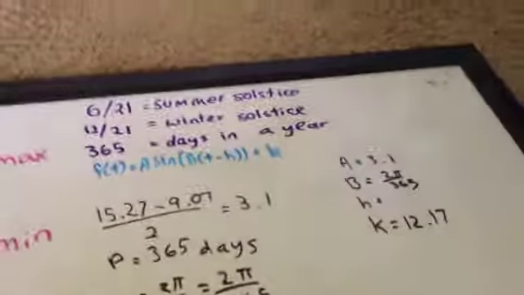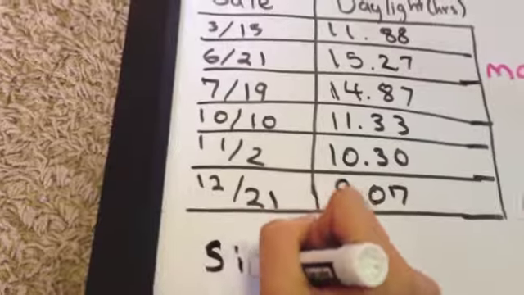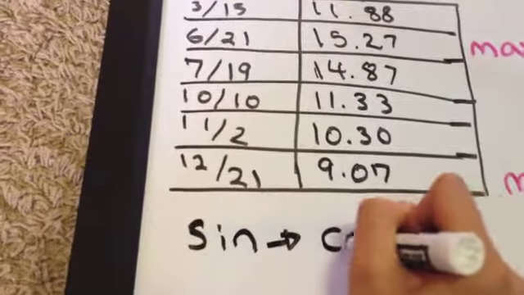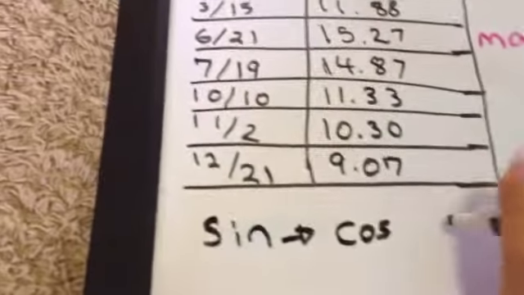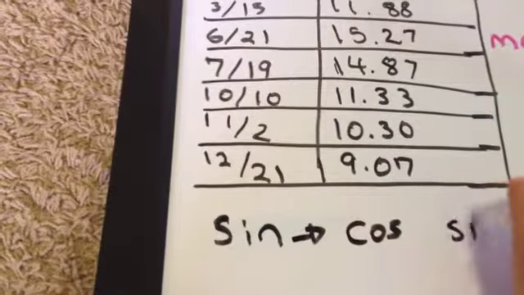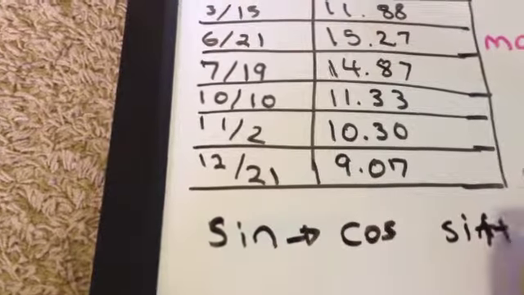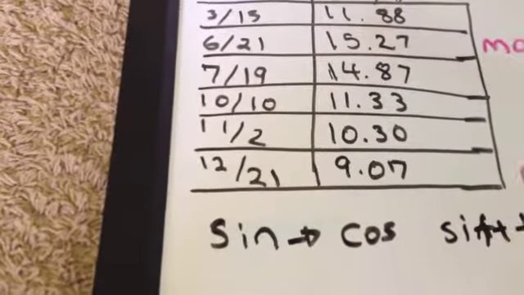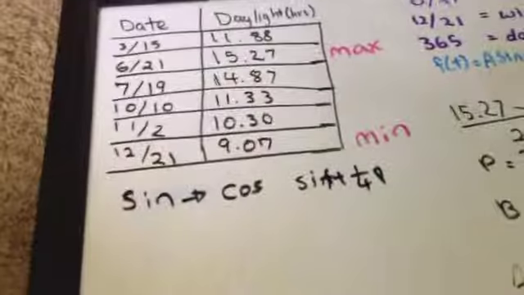Now, for our H value. We all know that to go from sine to cosine, it is a shift of 1/4 of your period. Therefore, we need to find a quarter of our period first.